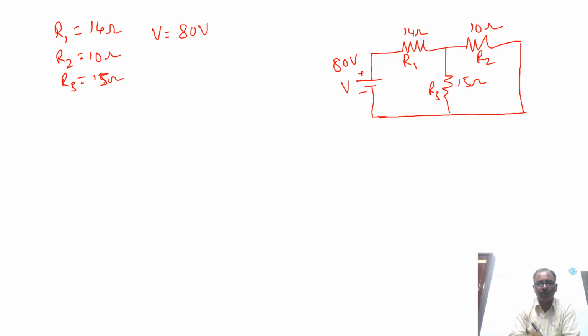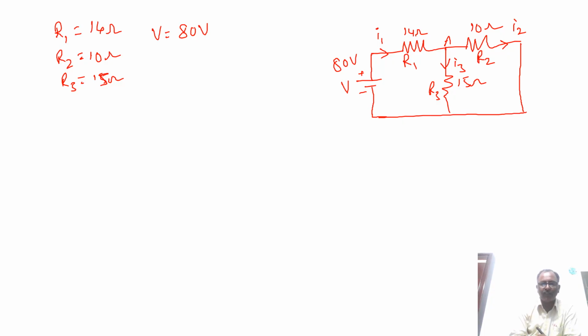Now let the current flowing through R1 be I1, through R2 be I2, and through R3 be I3. This is node A.